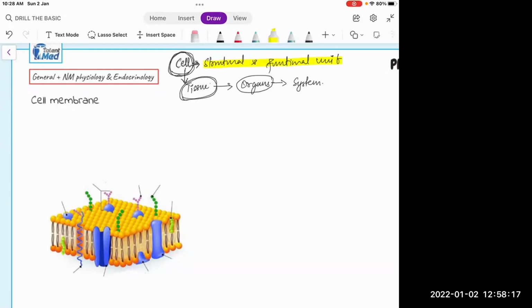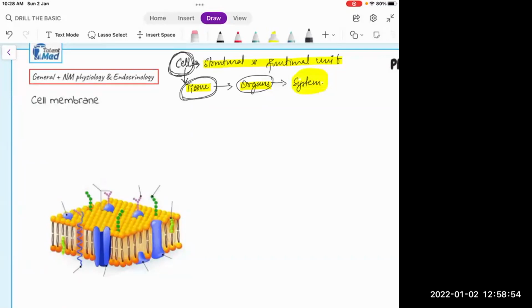The cells having unique functions form the tissue, the tissues having similar functions form the organs, and the organs having similar functions form the systems. We have so many systems: the blood, the GIT or gastrointestinal system, cardiovascular system, renal system, endocrine system, nervous system. These systems are formed by the cells, tissues and organs having similar functions.